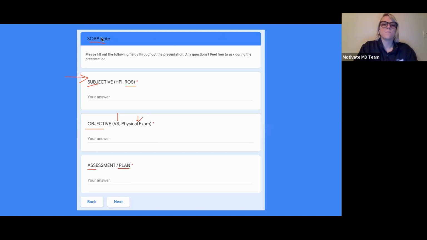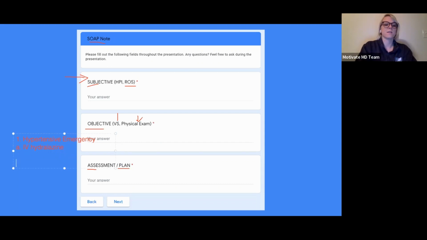And then finally, assessment and plan, that's what's going on. So say somebody comes in and they have hypertensive emergency. That's what we think is going on. That's our diagnosis. So that's our assessment. And what our plan would be is to give IV hydralazine, or whatever we would do at the time in order to treat that assessment that we found.